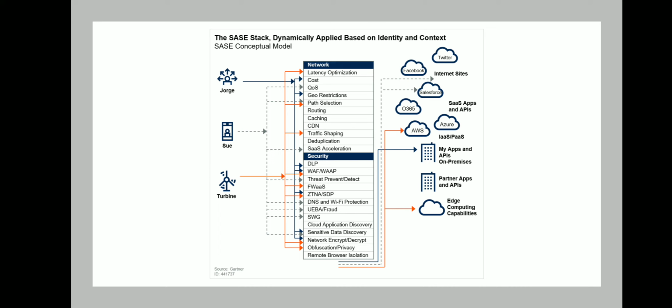And at the same time, when a turbine is trying to access, WAF, web application firewall is enabled, zero trust network architecture is enabled, the privacy of the location, or the data privacy is enabled.